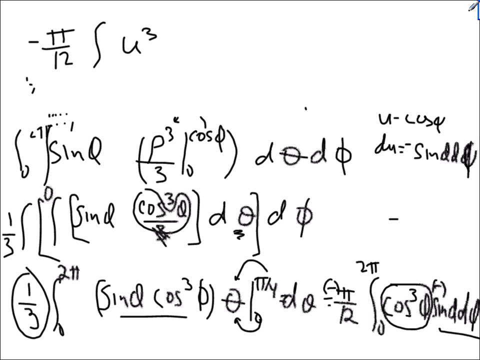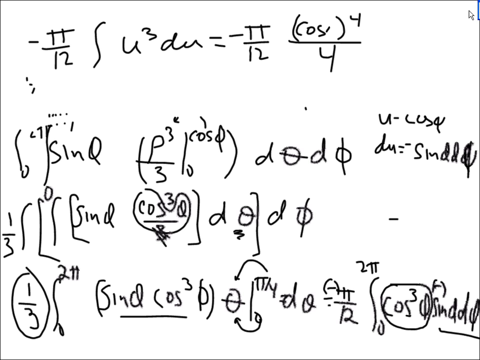It's u cubed du. That integral is pretty straightforward. It's just u to the 4 over 4. And u happens to be cosine phi from 0 to 2 pi.